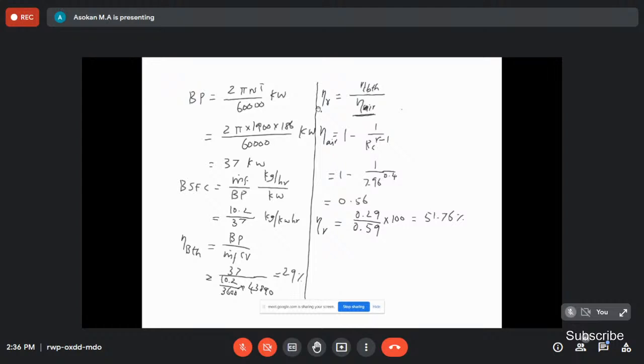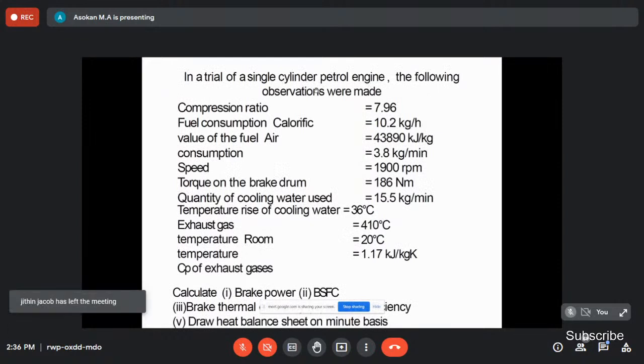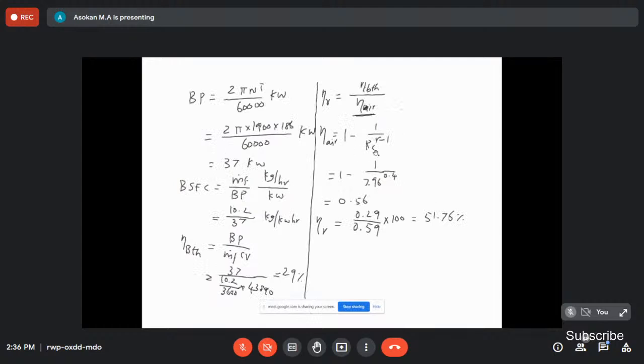Okay, and the relative efficiency is brake thermal efficiency divided by air standard efficiency. So we have the brake thermal efficiency 29%, and the air standard efficiency. This is the SI engine, right? The SI engine runs on the Otto cycle, already we know. Then what is the efficiency of the Otto cycle? 1 minus 1 by r power gamma minus 1.